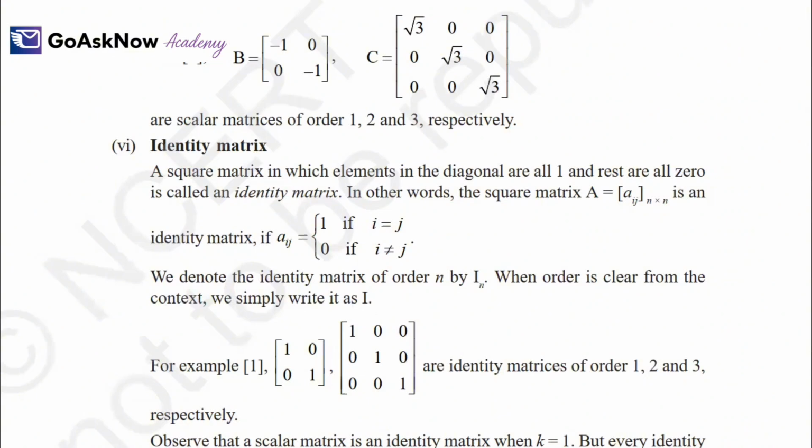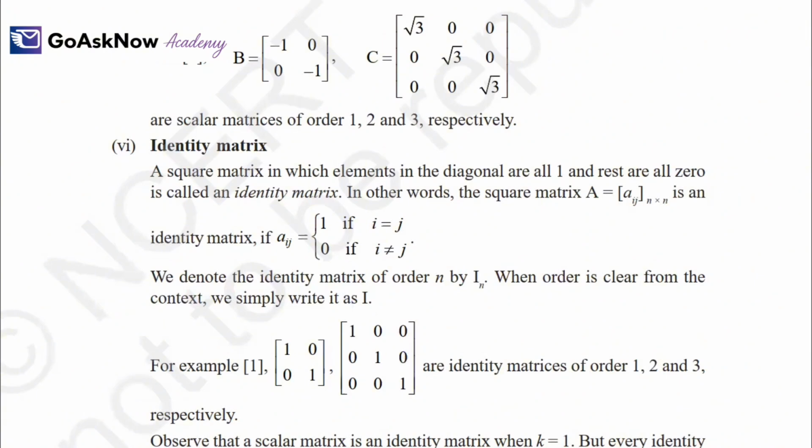So aij is one if i is equal to j, that is for the diagonal elements, and is equal to 0 if i is not equal to j. So it is another type of diagonal matrix. We denote the identity matrix of order n by In.